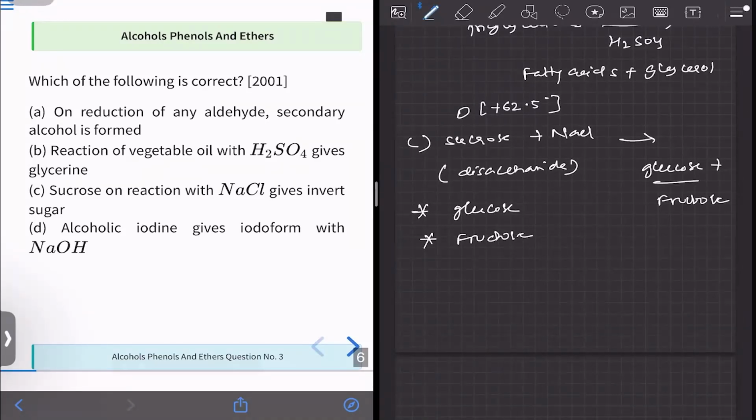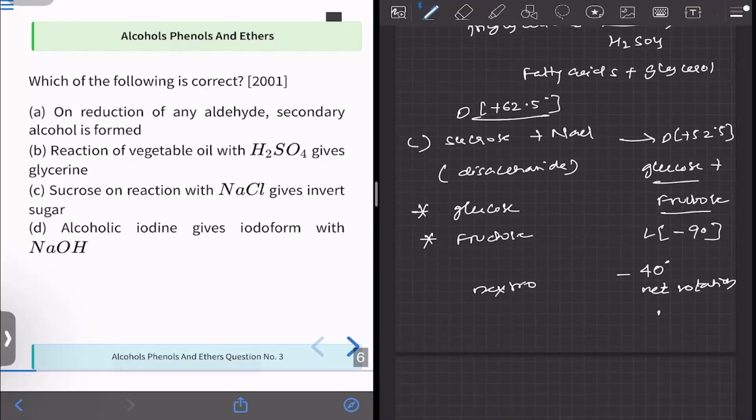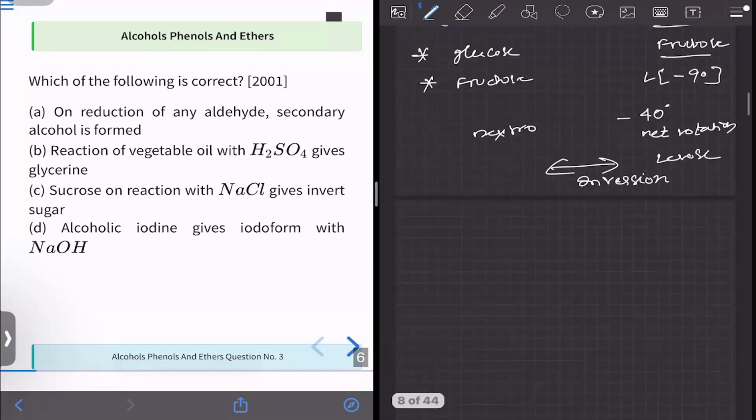The value of glucose is dextro, plus 52.5 degrees. The value of fructose is levo, minus 90. So from plus 52.5 and minus 90, it produces minus 40 of net rotation. So it is converting from dextro into levo, so there is inversion of sugar taking place.